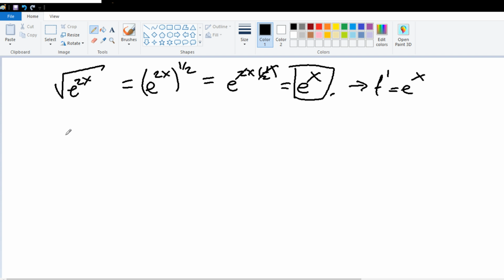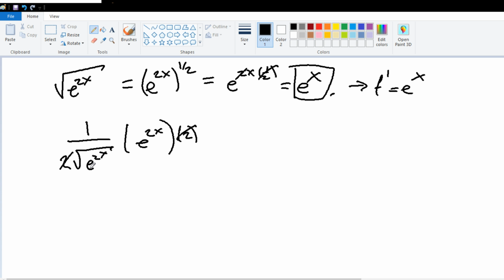Let's try taking the derivative of this. So we get 1 over 2 times the square root of e to the 2x. That's the derivative of our square root function, and we plug in all the inside stuff. And then the next thing, we get e to the 2x, because the derivative of e to the x is e to the x, and we plug in our 2x, it's there. And then we multiply by the derivative of 2x, which is 2. So that 2 cancels with that 2.